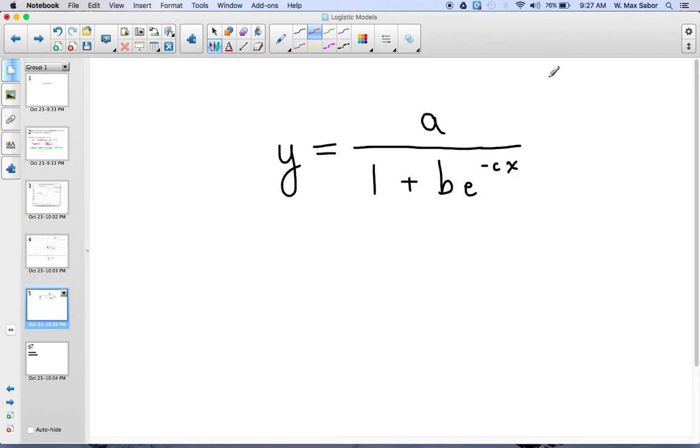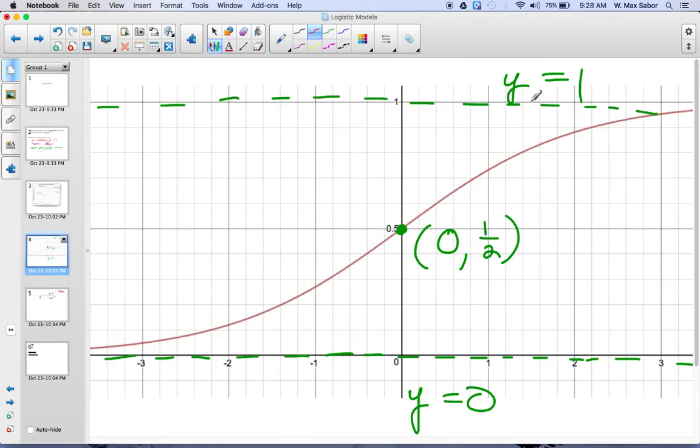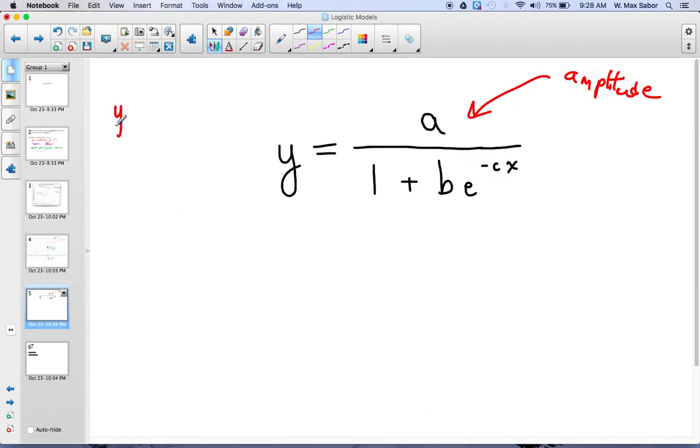So A is our amplitude. And that represents essentially your second asymptote. So your first asymptote is at y equals 0. Your second asymptote is at y equals a.